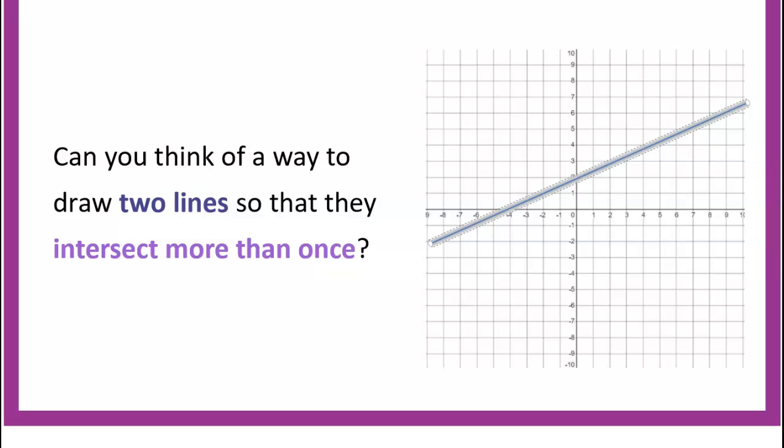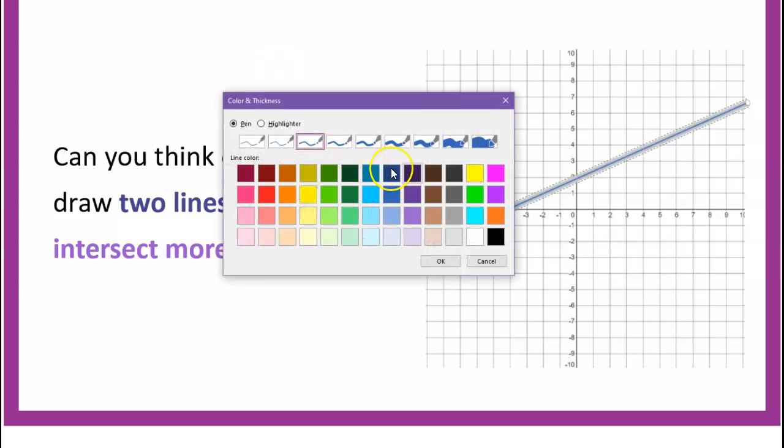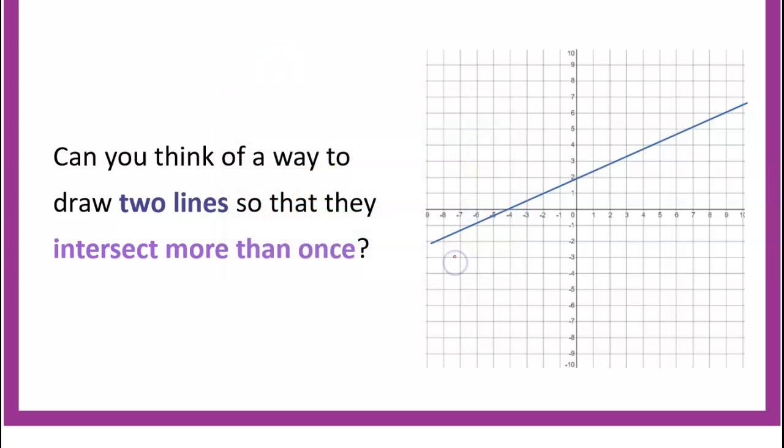And I'm going to draw a pink line now. Is there a way to draw a pink line so that it intersects this blue line more than once? Well, we said if they intersect once, they're going to move away from each other. So the only way to really do this is to draw the line right over the top of the other one. You can just barely see that blue one peeking out from under there. They're the exact same line.